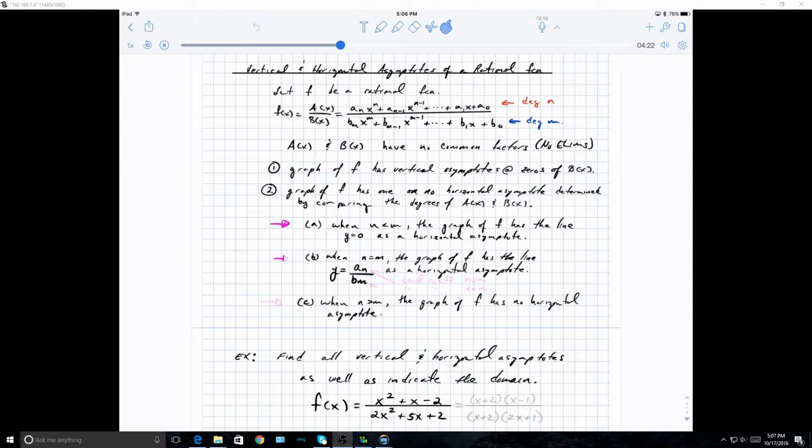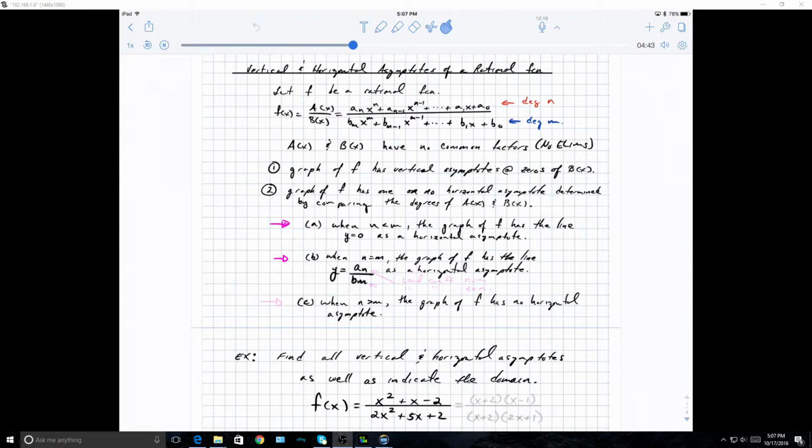If we look at 2b here, when the degrees are exactly the same, then the graph of f will have the horizontal line y equals a sub n divided by b sub m, the lead coefficient of the numerator divided by the lead coefficient of the denominator.